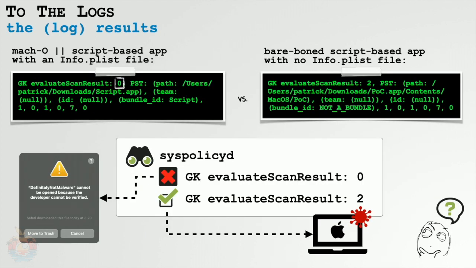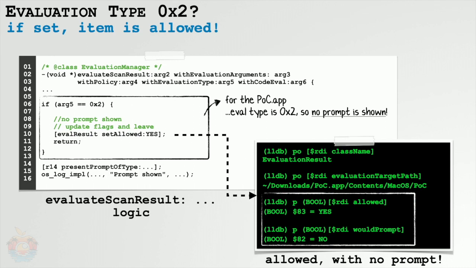So, summary based on the log messages, if we run a mach-o-based application or a script-based one that has an info.plist file, Gatekeeper will return an evaluation type of 0 and block the application. However, for the bare-bones script-based application, we get a GK evaluation result of 2, which for some reason allows the application to execute.